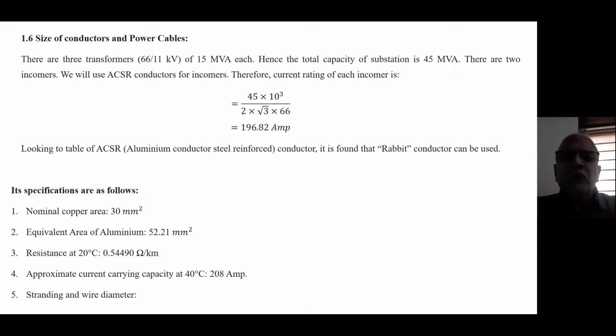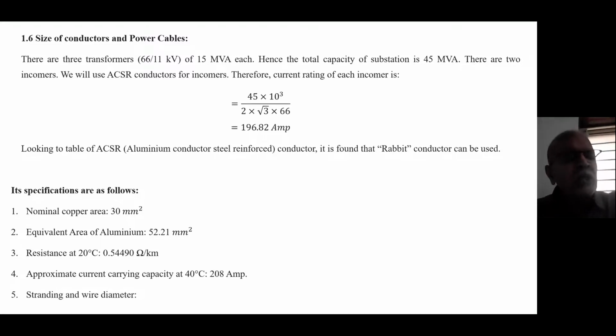So you have three transformers of 15 MVA. So it makes 45 into 10 raised to 3 divided by root 3 and divided by 66, which is going to be the current for three transformers. But incomers are 2, so I am dividing by 2. So for one incomer, the current is 196.82.